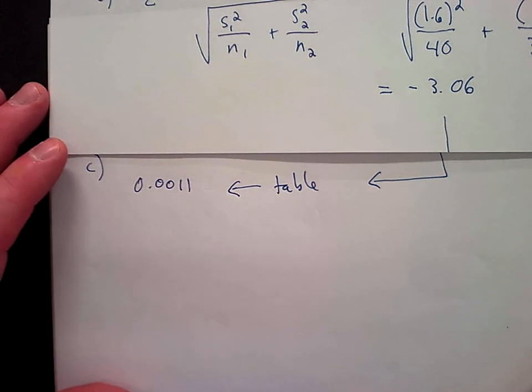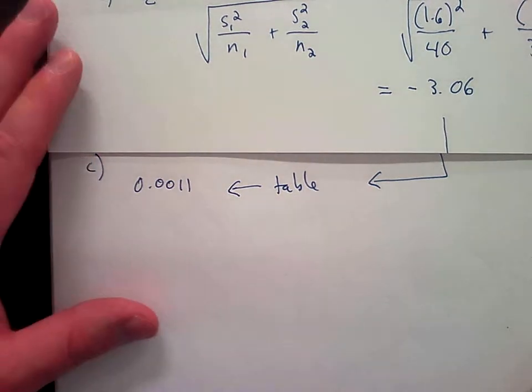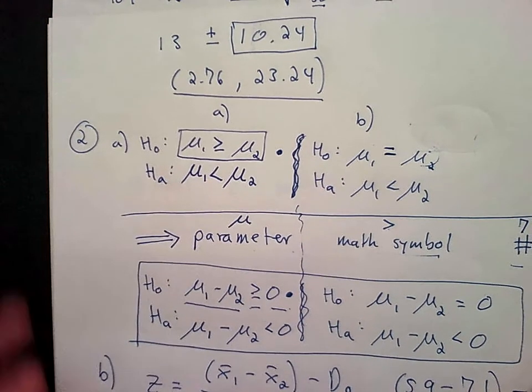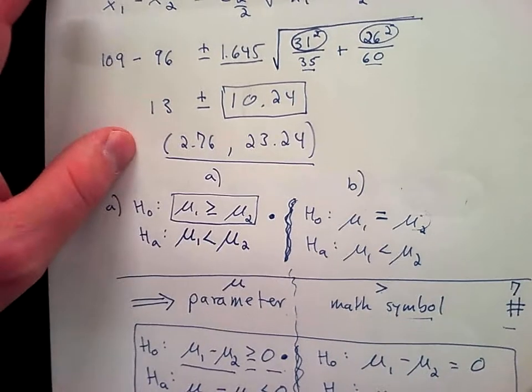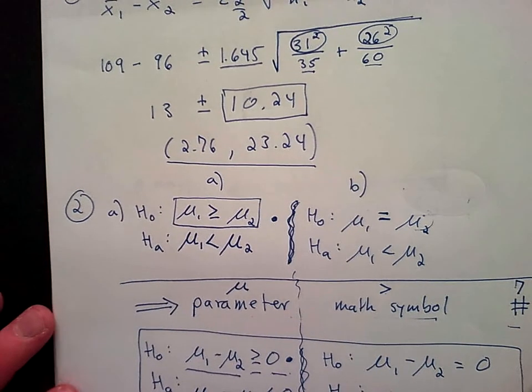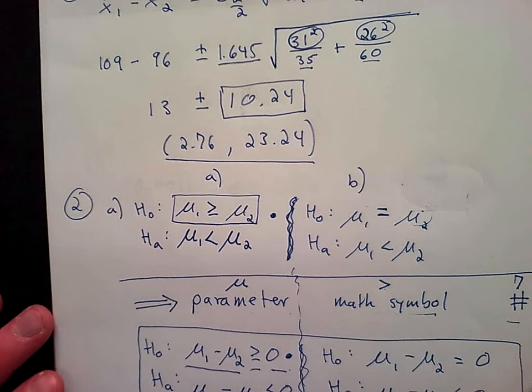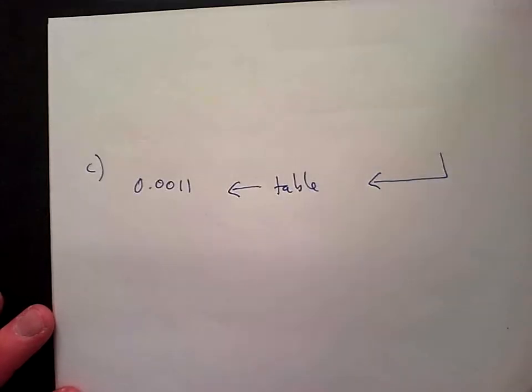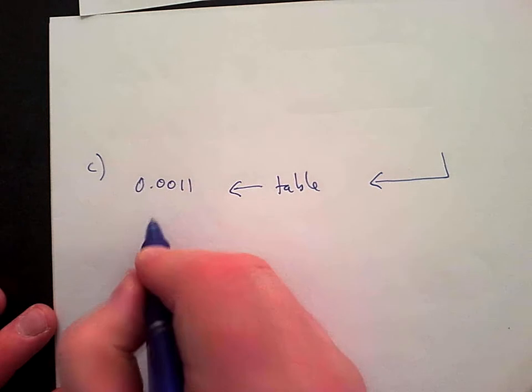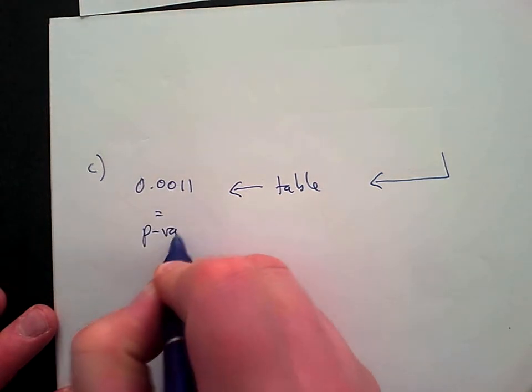But, oh, I guess we did state the hypotheses. Sorry, I was still back on the previous problem. We did say the alternative hypothesis. How many rejection regions do we have? Just 1. So do we multiply this by 2? Nope. So is this our p-value?